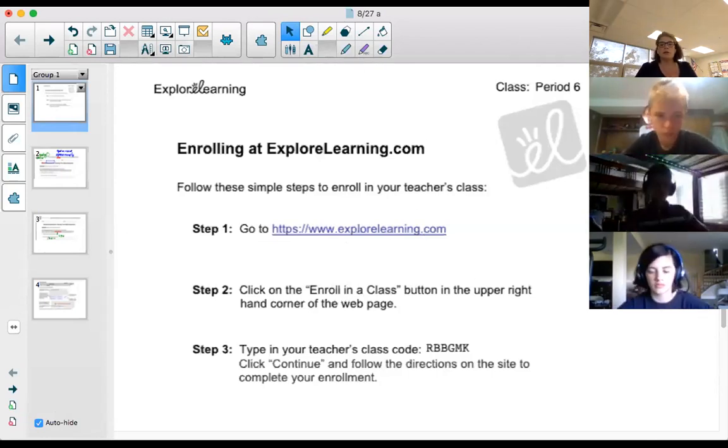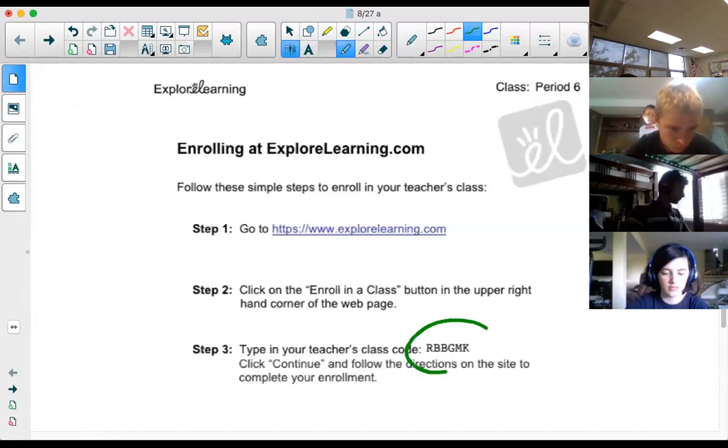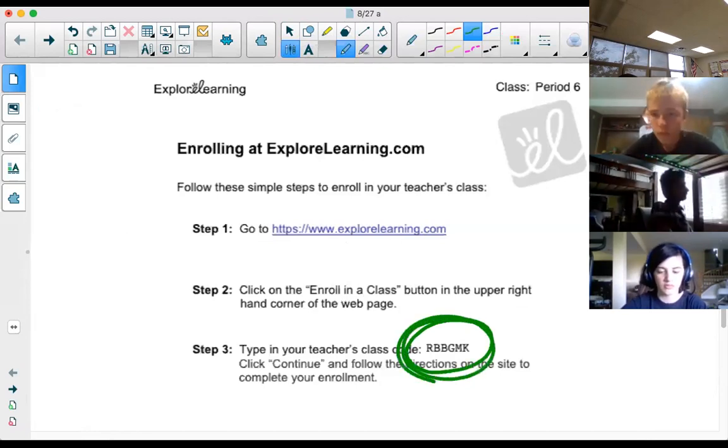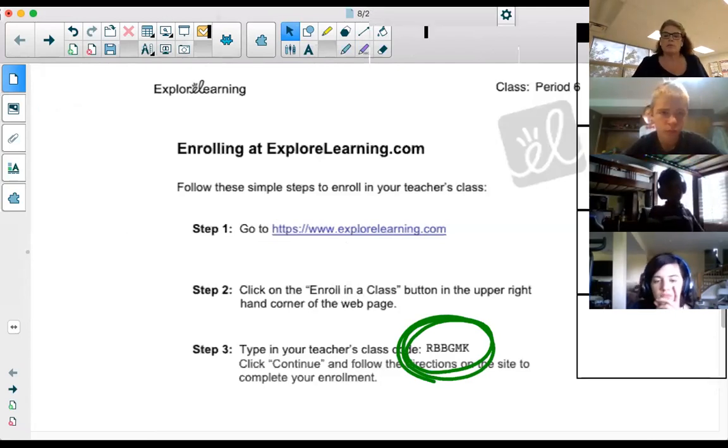And let me go circle that for you. And that's the code you need. It's also, this page is on your Google Classroom page so you can see it. So it is up on Google Classroom as well.